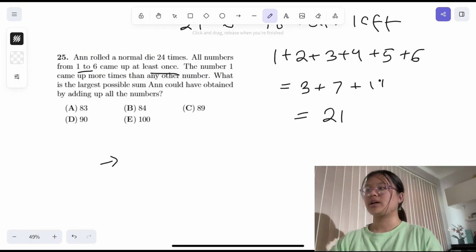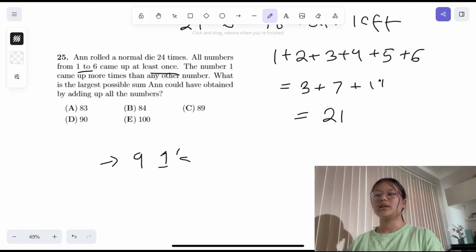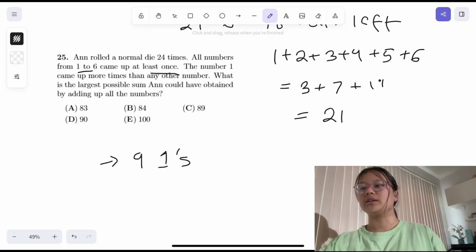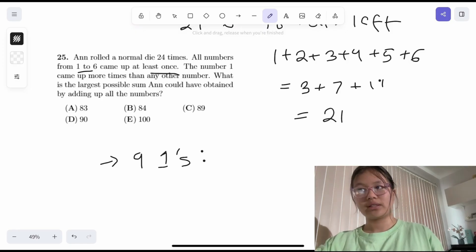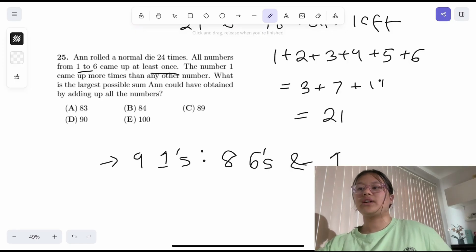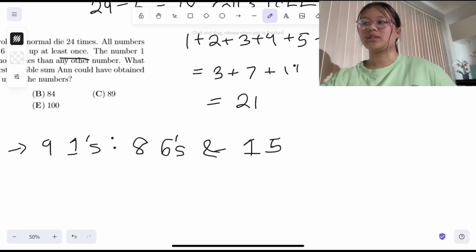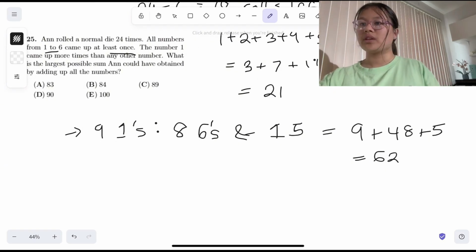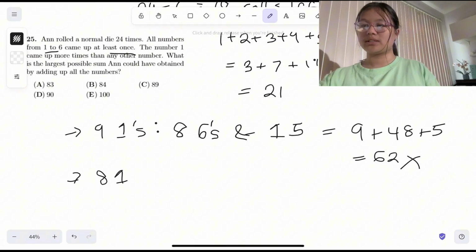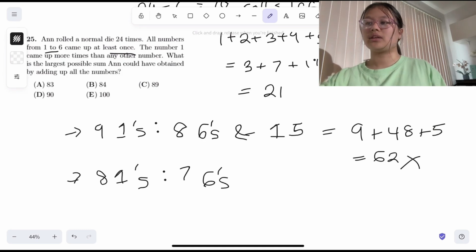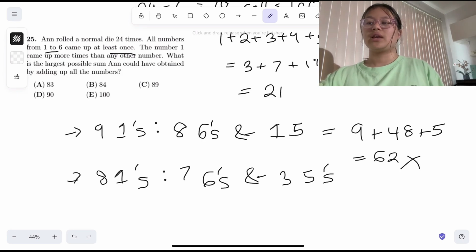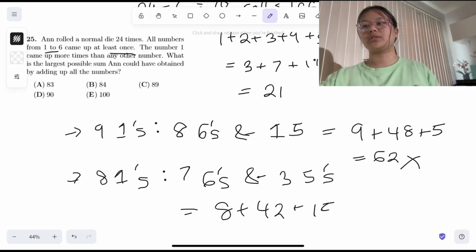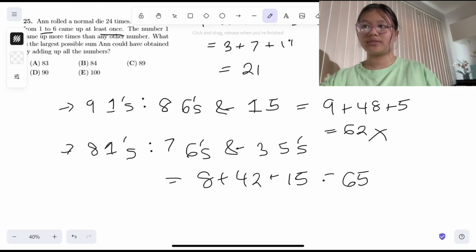So first, if we have 9 1s, then we can have 8 6s and 1 5, and that is basically equal to 9 plus 48 plus 5, which is then 62. So let's see. Now 8 1s, we can have 7 6s and 3 5s, and that would equal 8 plus 42 plus 15, which equals 65.